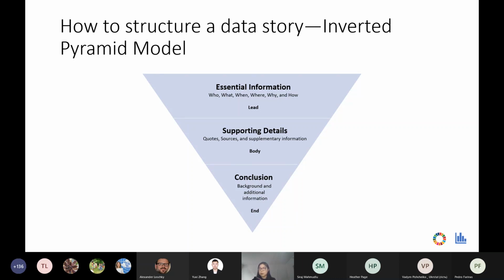That's what the journalists normally call a lead in the very first paragraph. It answers the questions about who, what, when, where, why, and how. And then you provide the supporting details and then even more background additional information. This is easier for the editors, actually, because if space is limited in print media, they can start chopping down from the very bottom.